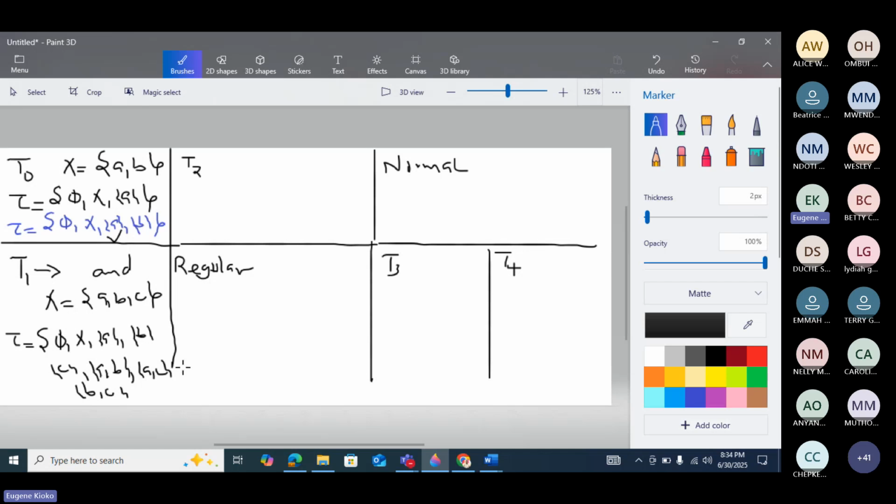Is that T1? You compare every pair. You begin with A and B. Is there a set with A but not B, and another one with B but not A? Yes. This one has an A but not B, and this one has a B but not A.